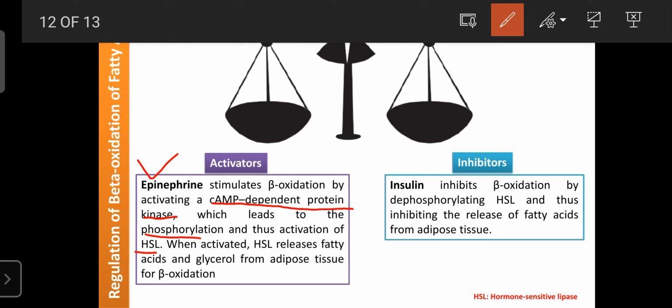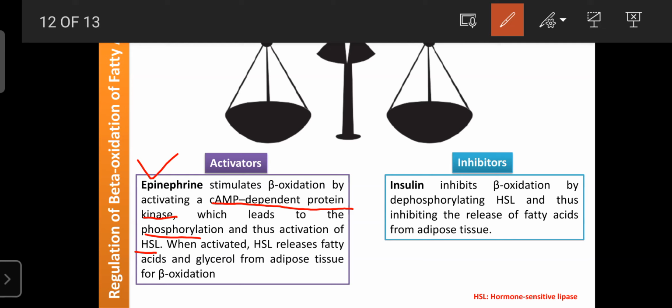So the epinephrine can accelerate or enhance beta oxidation by activating the lipase enzyme. Due to that, it increases beta oxidation.